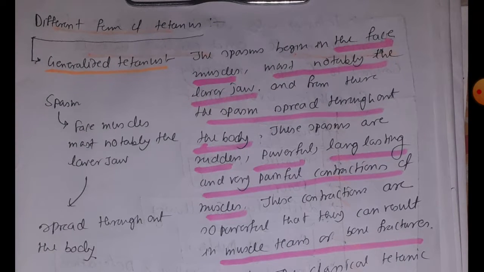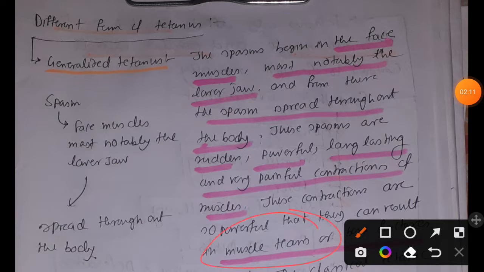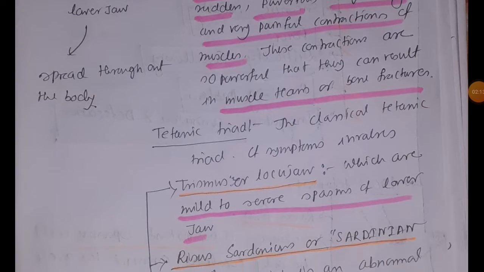So in generalized tetanus, spasms occur, and this spasm mainly occurs in the lower jaw of the facial muscle. Now what is spasm? Spasm is nothing but sudden, very powerful, long lasting contraction of the muscle, and this muscle contraction creates muscle tears or bone fractures.